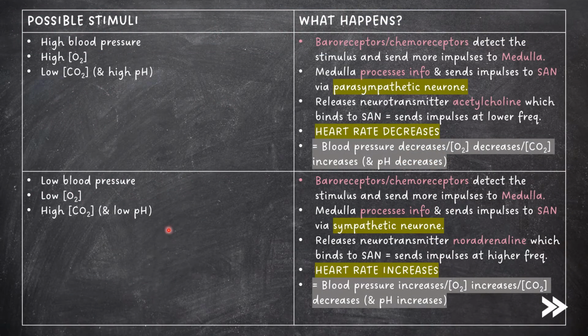So here we have it in summary in a table. If high blood pressure is detected, a high concentration of oxygen or a low concentration of CO2, which would also result in a high pH, then either baro or chemoreceptors, depending on what was detected, send more impulses to the medulla. The medulla then processes the information and sends impulses to the SAN via a parasympathetic neuron.